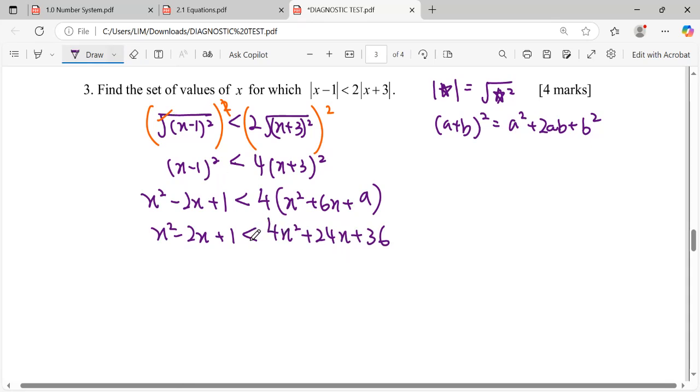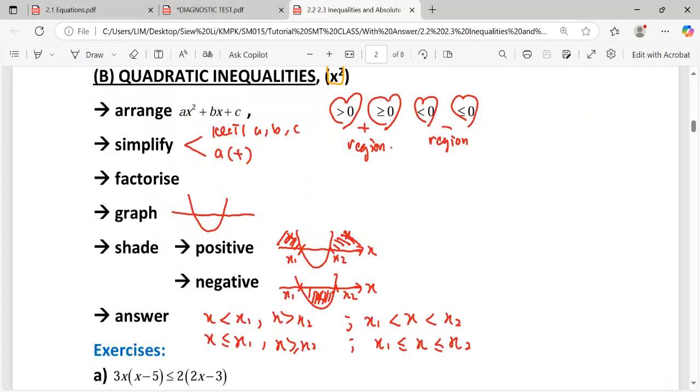To solve quadratic inequalities, refer to your notes 2.2 about inequalities for quadratics. So arrange everything onto the left hand side. Let your right hand side be 0. Then your quadratic must be simplified. Let the quadratic be positive before you factorize.